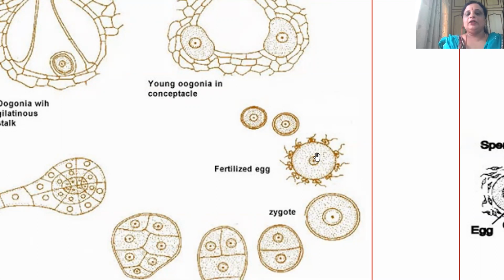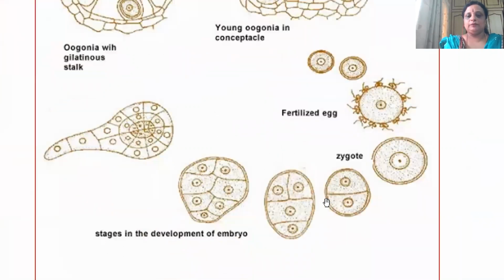Later, one of the competent anthrozoids is involved in the process of fertilization, where the wall between the anthrozoid and the oogonium dissolves. The nucleus of this anthrozoid enters inside the oogonium, and fuses with the egg cell to form a diploid zygote. Later, what happens to this diploid zygote?